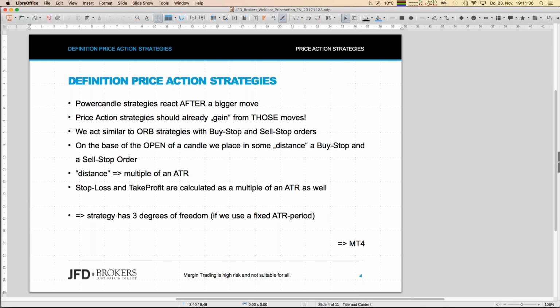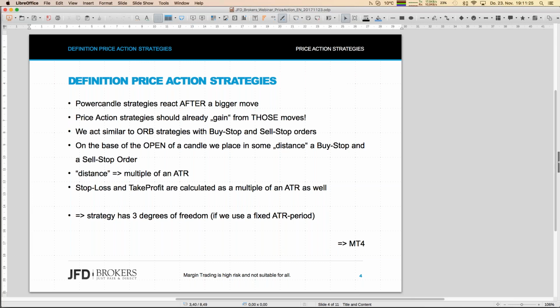So we place two orders, one buy stop and one sell stop, and we place those orders on the base of the open of a candle. Later we will do it on a D1, then everything becomes maybe a little bit more obvious.